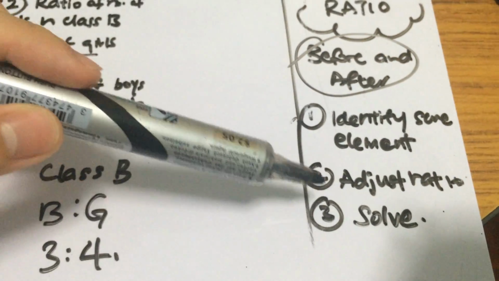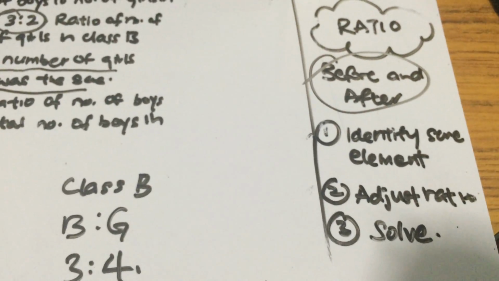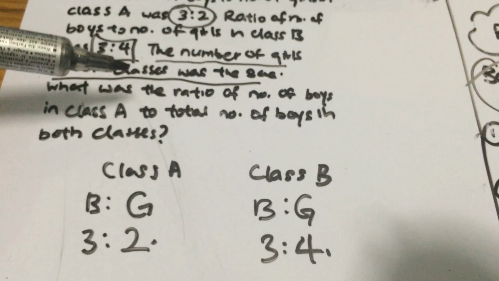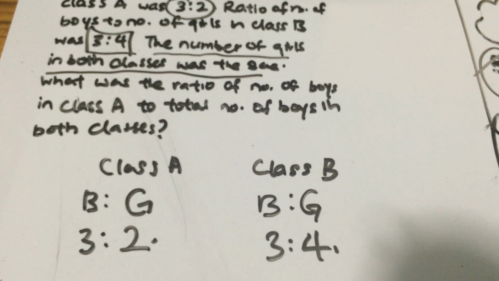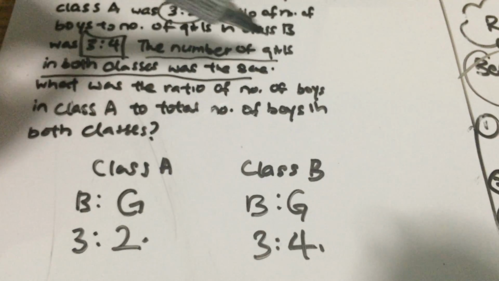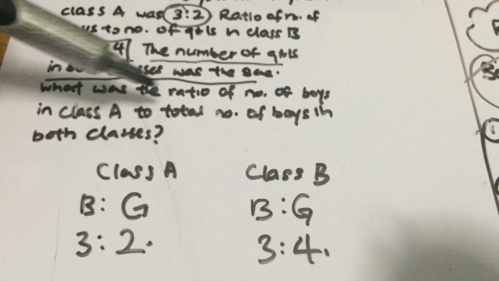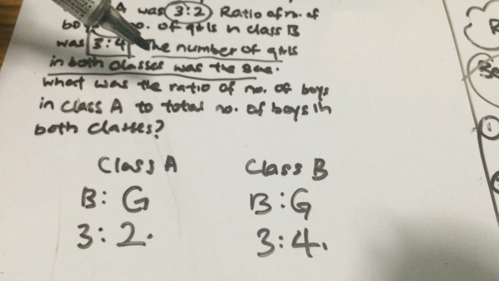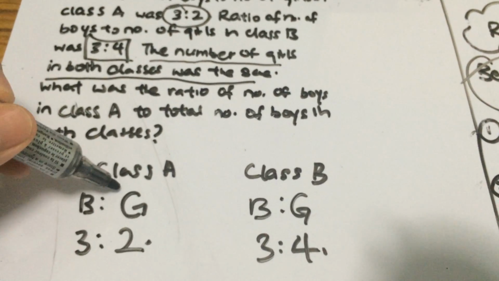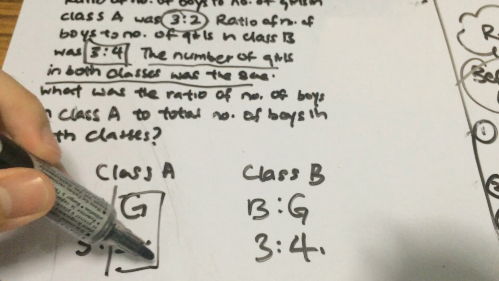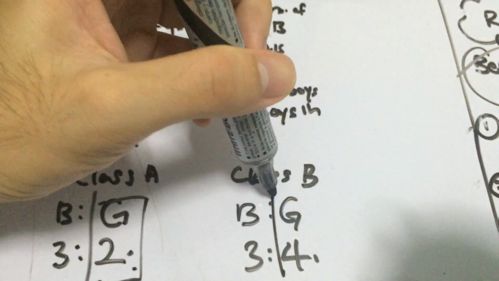The next thing that we do is to adjust our ratio. How do we go about adjusting a ratio? We adjust the ratio based on this particular information given to us: the number of girls in both classes was the same. If we look at class A, it is 2 units, and class B is 4 units.